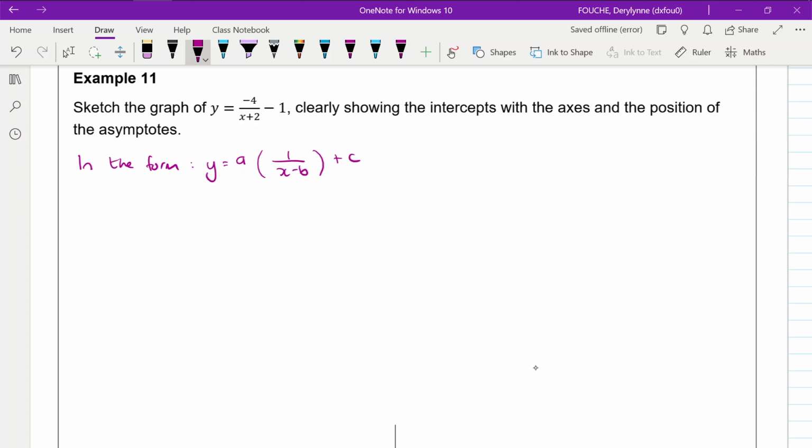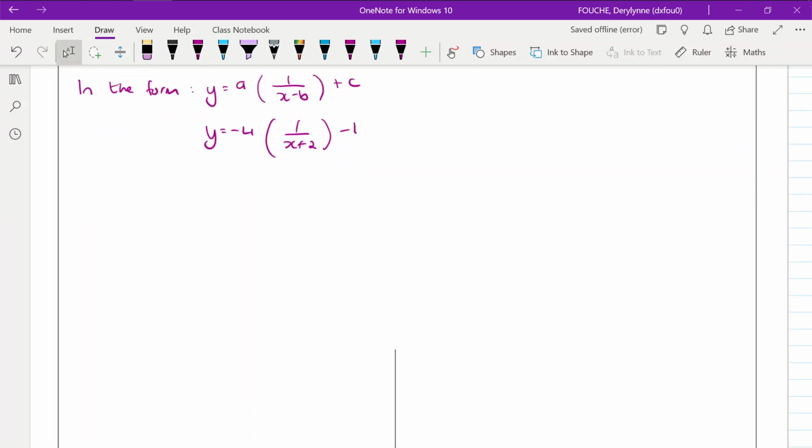Okay, so what we have is y equals -4, 1 over x plus 2, take 1. And you need to be careful with this, we have a horizontal asymptote, and that will be based on our vertical shift.